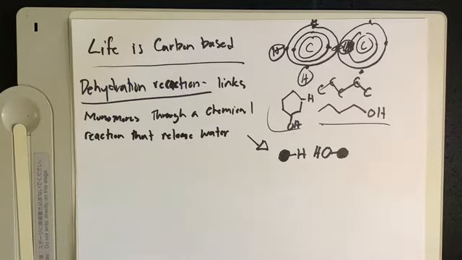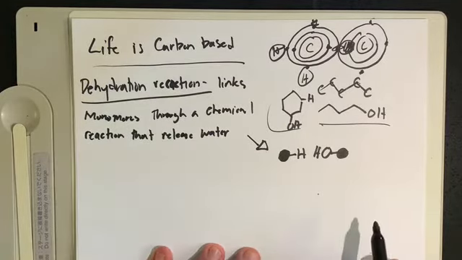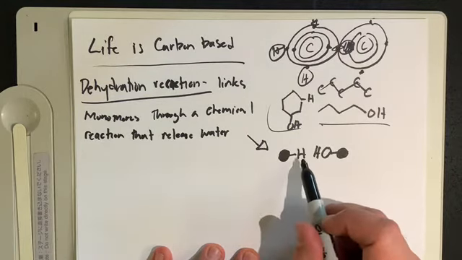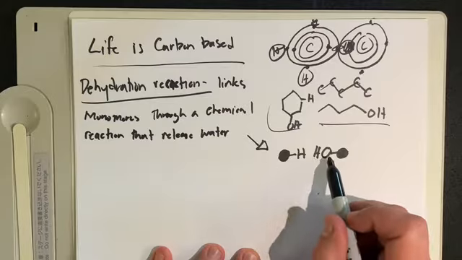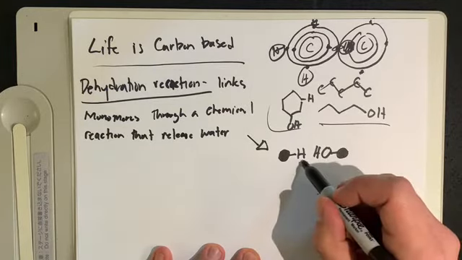Now, if we wanted these two monomers to come together to create what we call a polymer, so a bigger molecule, what we would do is a dehydration reaction. We would take this hydrogen and this oxygen and hydrogen, we call this a hydroxy group, and we combine those together.